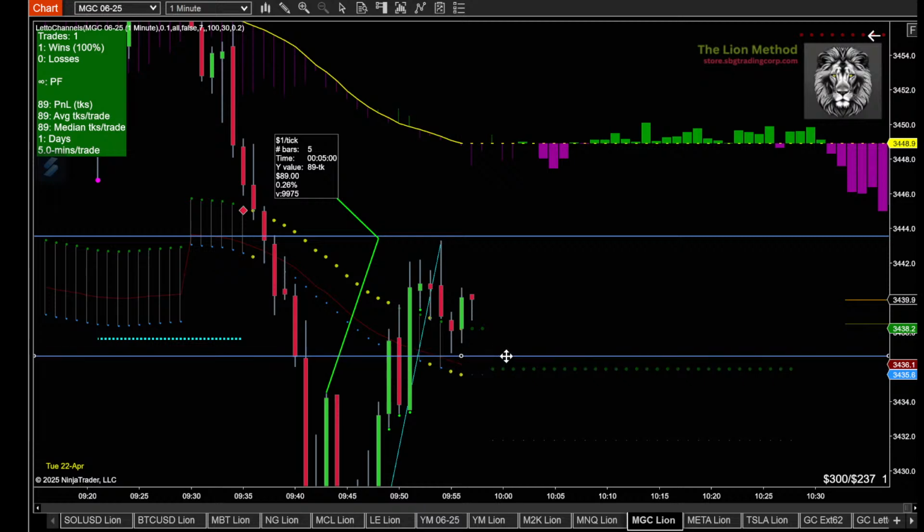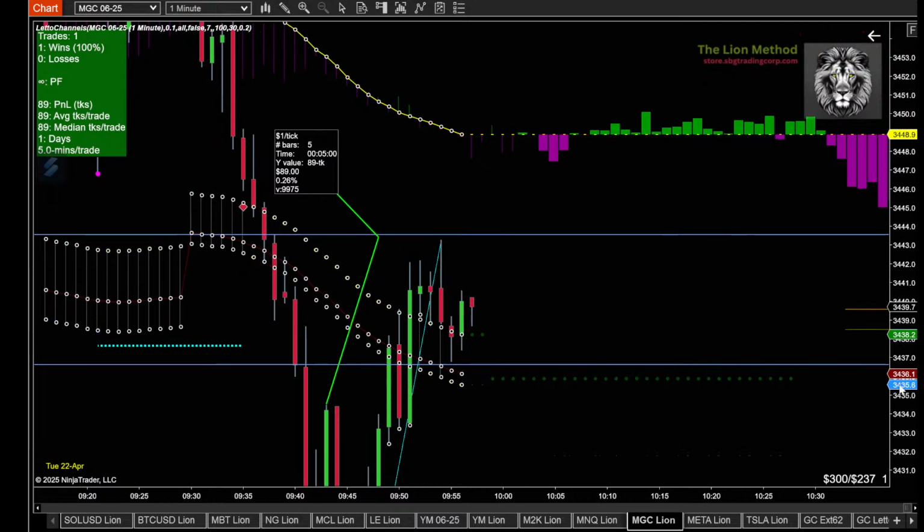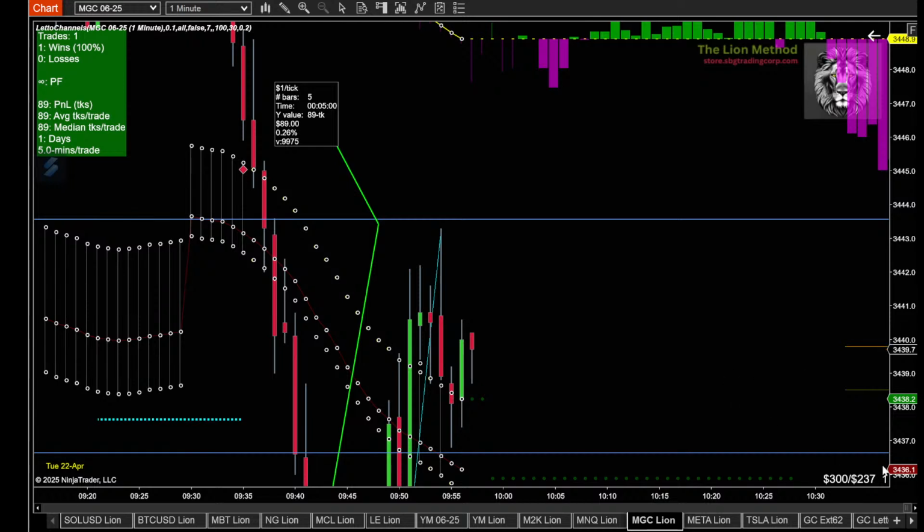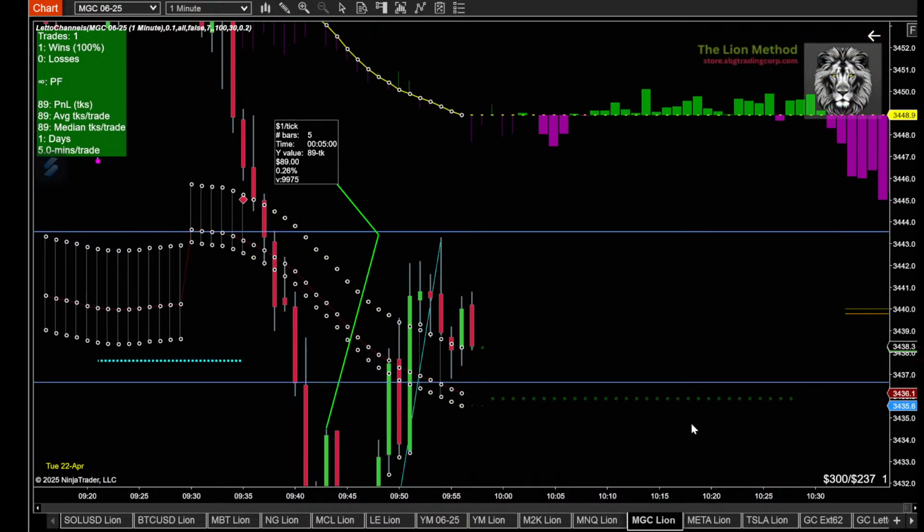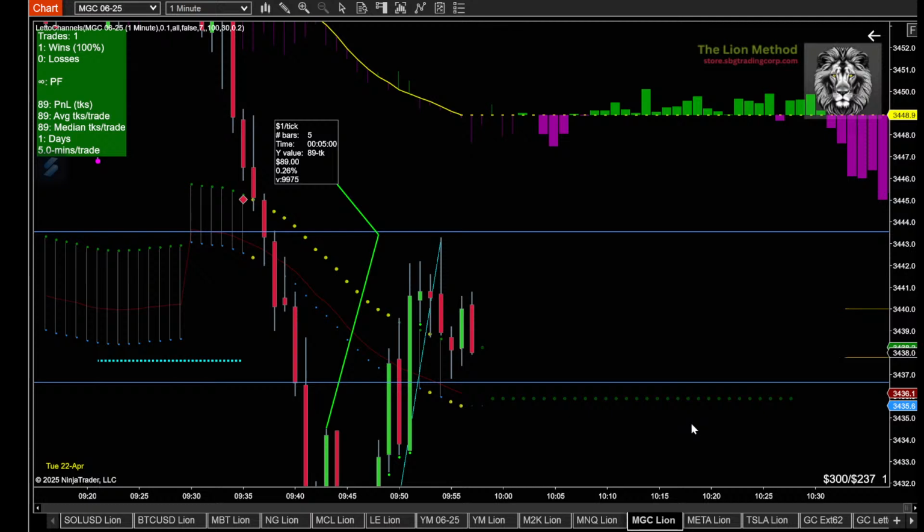So we're in profit a little bit. Stop is right around the 34.36 and a half level-ish. Let's see what happens. Well, we're moving down. I get stopped out.